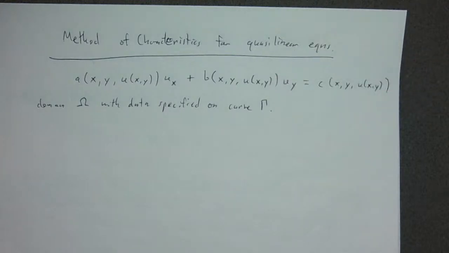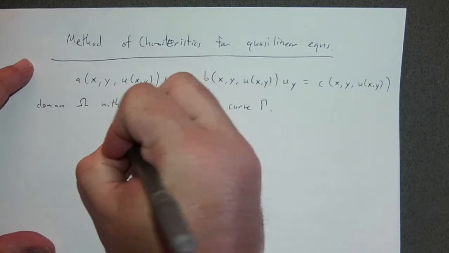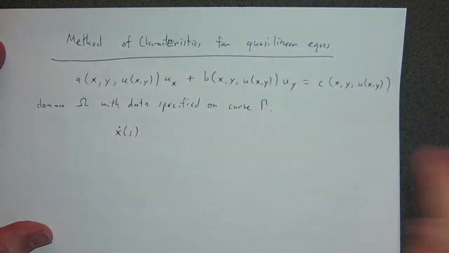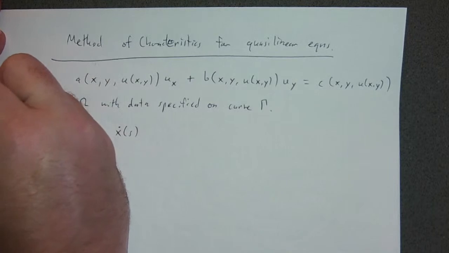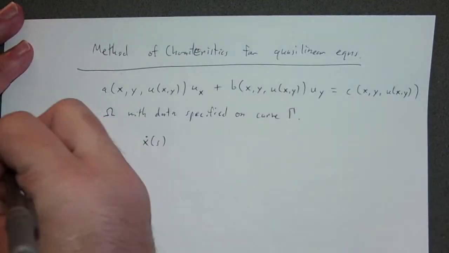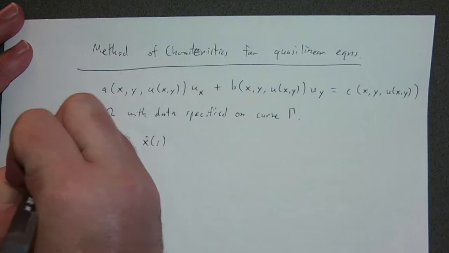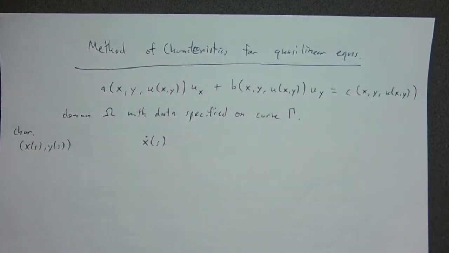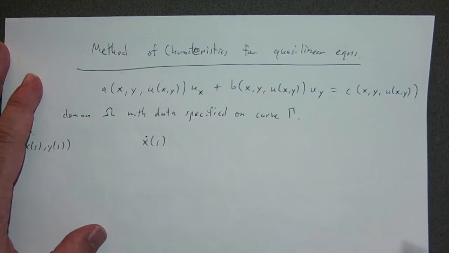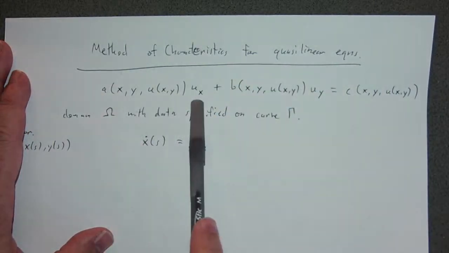Again, we view this as a statement about directional derivatives, and from the exact same reasoning that got us the characteristic equations in the previous case, our first characteristic equations look like this. Again, if we let our characteristics be parameterized curves, then the derivative of x with respect to that parameter is equal to the coefficient function on the x partial.